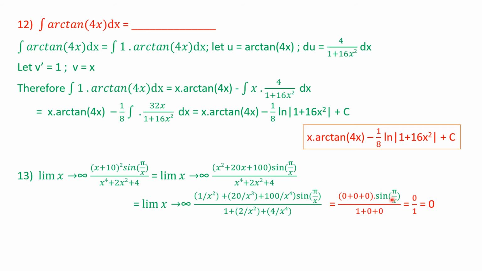So in general, we're going to have 0 in the numerator, but in the denominator we're going to have 1, because when we divide x to the power 4 by x to the power 4, we get 1. So this will give us 0 divided by 1, which is equal to 0, and that is the answer. The answer for this is 0. Let's go to the next.